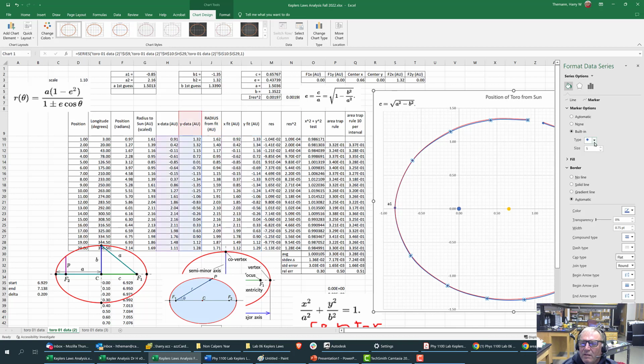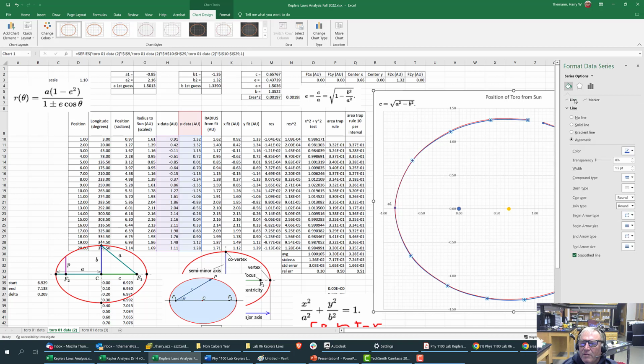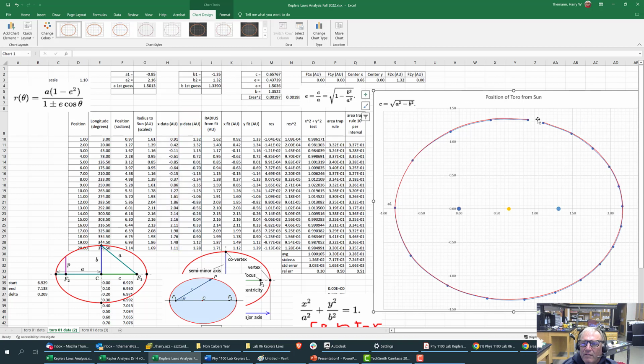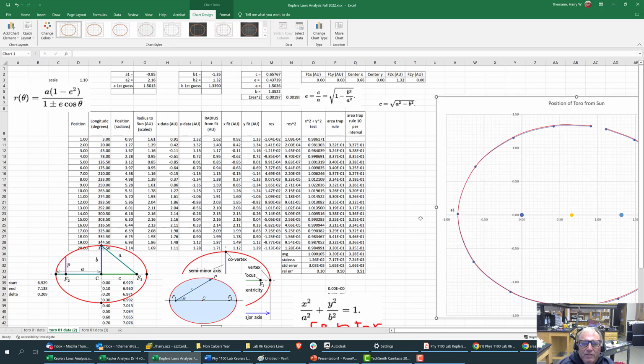I want to make the line a little bit thinner here as well. Yeah, I like that. Okay, so now you see we got a pretty nice fit. And at some point, I'm going to go back and do it with 53 degrees.